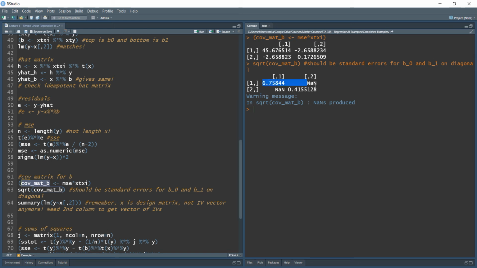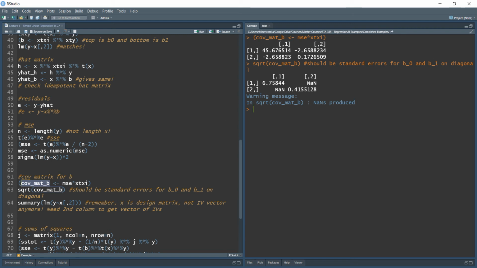In this particular case, the standard errors are the diagonals, where the first diagonal element is the standard error for the first parameter. In our case, that's B0. The second diagonal element is the standard error for the second parameter. In our case, that's B1. And then if I had more parameter estimates, I'd have more diagonals, and I would just keep reading off the diagonals.